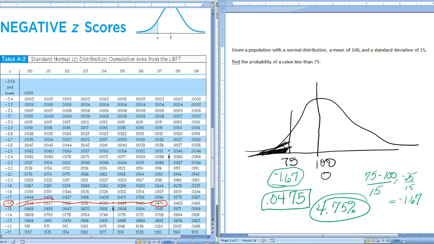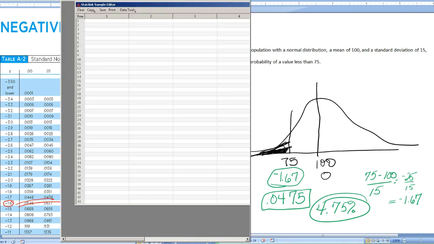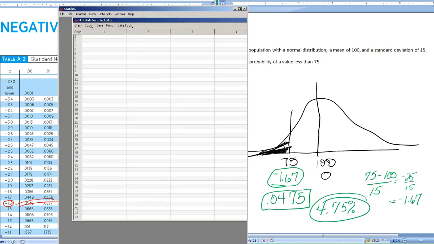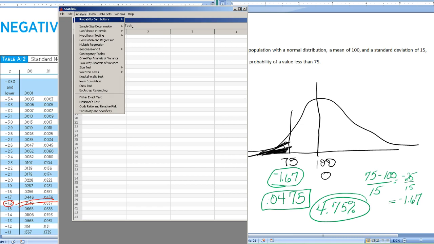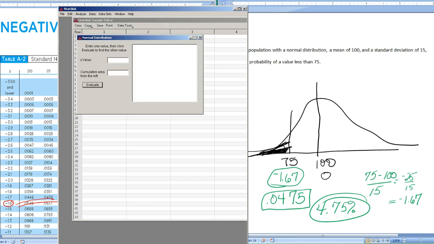Now, let's look at StatDisk, if you're asked to use StatDisk at that point. So if you're in StatDisk, let's bring it down here in the window. You're going to still have to calculate your z-score. But once you have done that, then you're just going to go into analysis, probability distribution, normal distribution. You input your z-value of negative 1.67 and click evaluate.